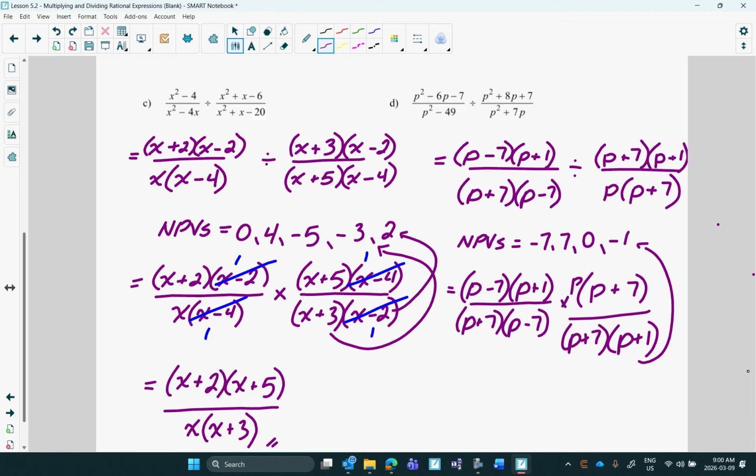Just draw an arrow to show you where it came from. Now we've got +7s. We've got -7s. We've got +1s. And I think that's it. So we should end up with P over P plus 7.